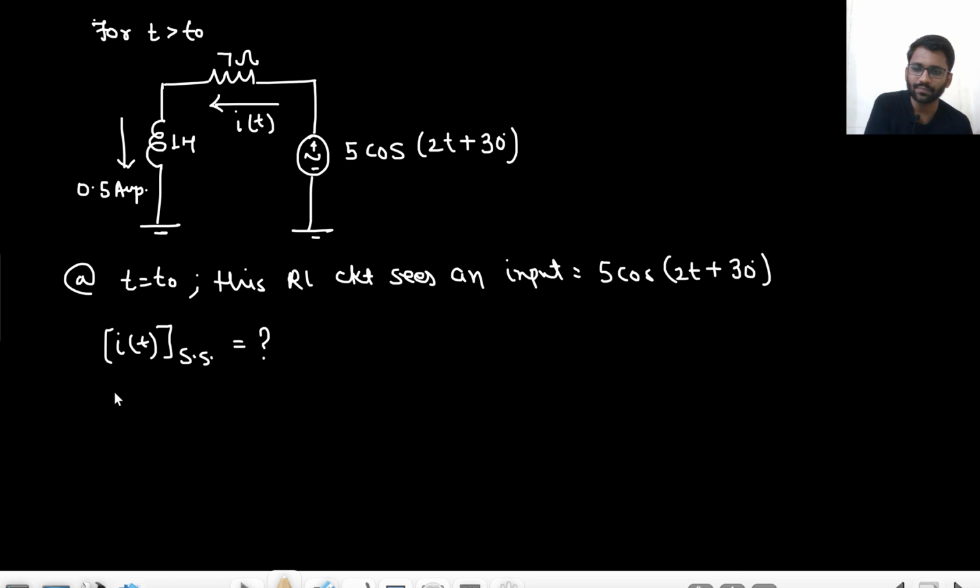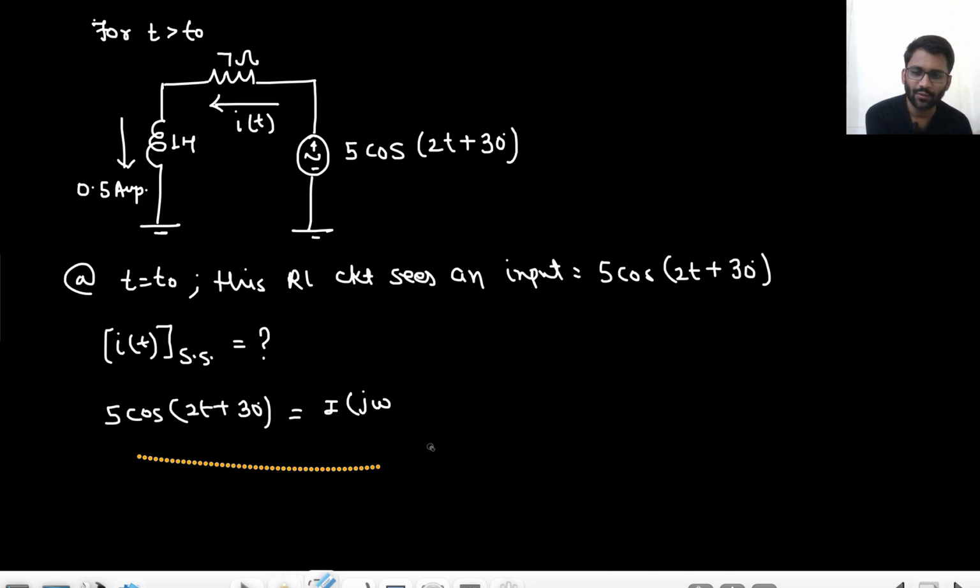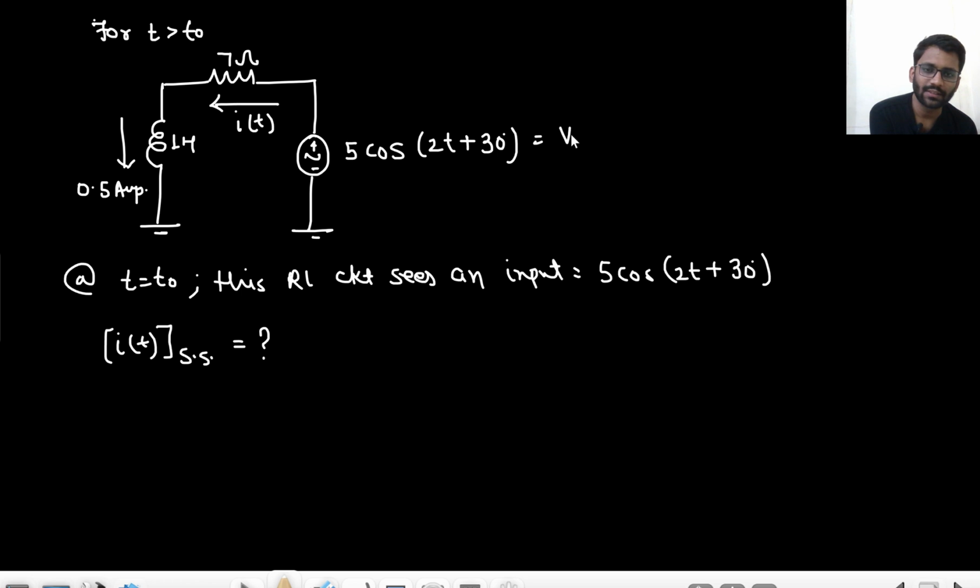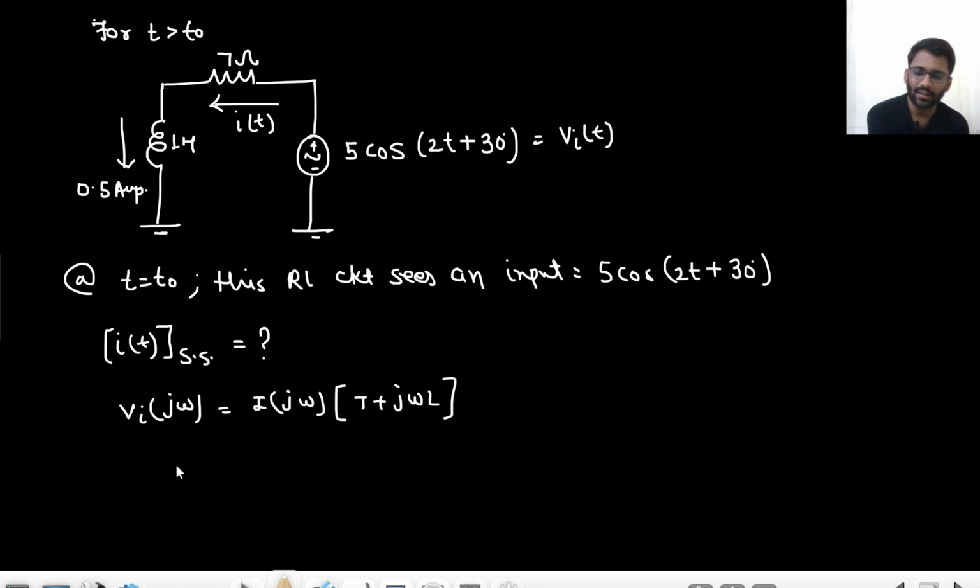So basically my 5 cos(2t plus 30 degree), instead of that I can write V in(t). V in of j omega is equal to I in of j omega times (R plus j omega L), right?